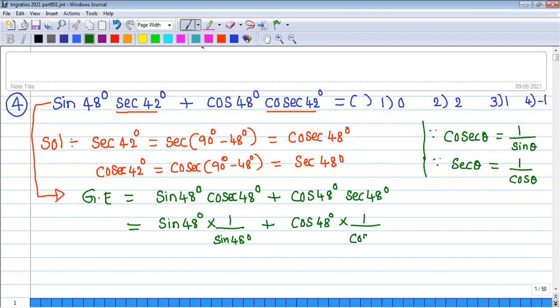So sine 48 will cancel, cos 48 will cancel. So 1 plus 1. So the answer is 2. The second option is the right option.